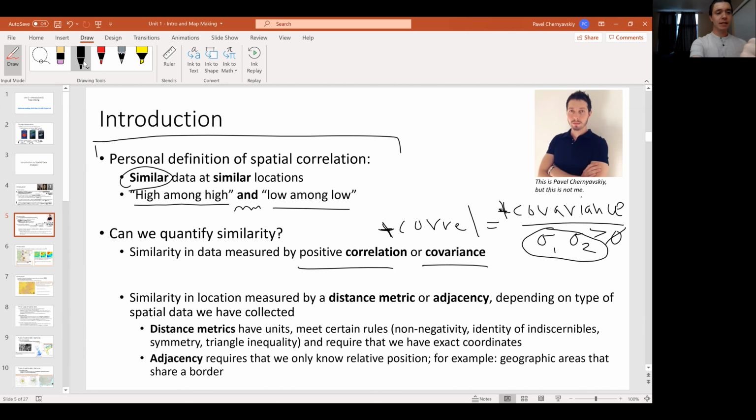What about similarity of location? All right, well, similarity of location can be measured with distances. So I'm getting kind of formal here. I'm calling it a distance metric. There's actually several kinds of distance metrics. Some of you may have heard of Euclidean distances, but that's only one of many distance metrics.